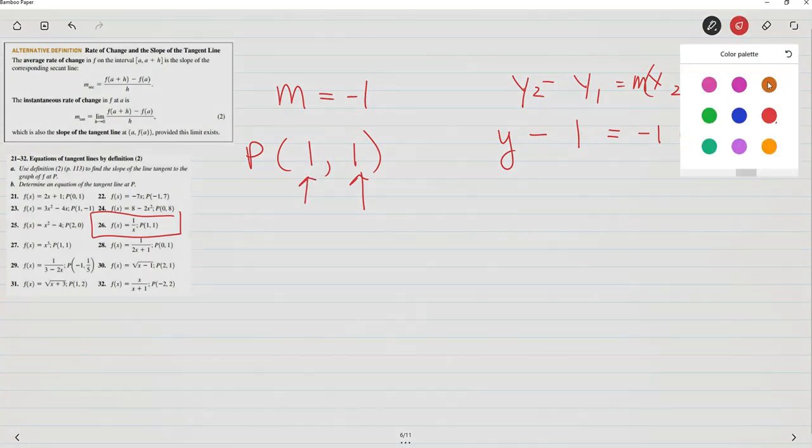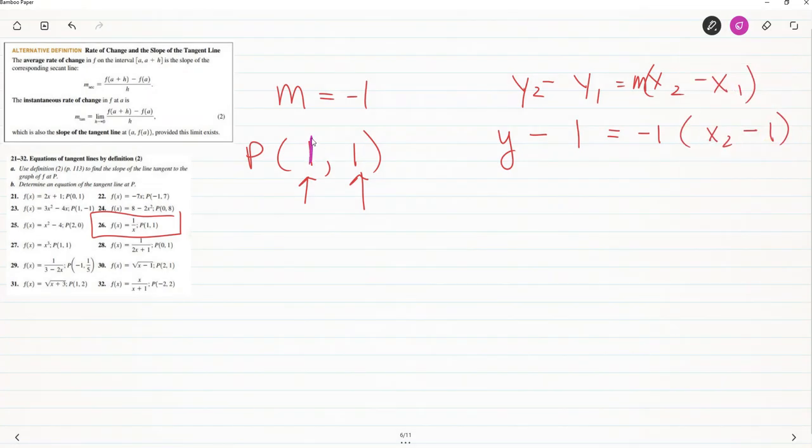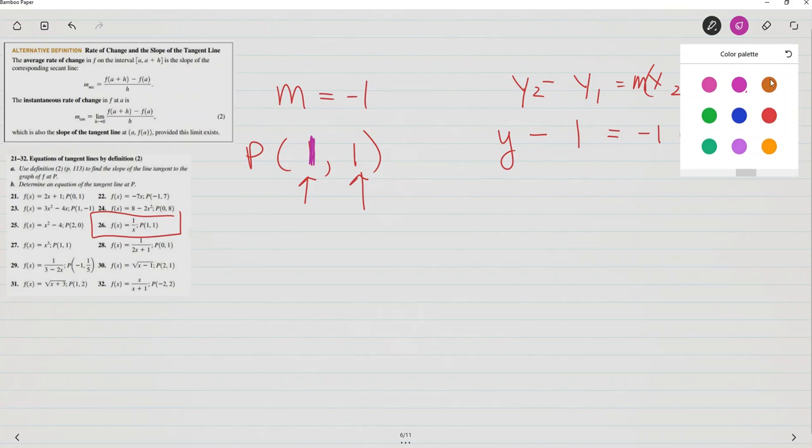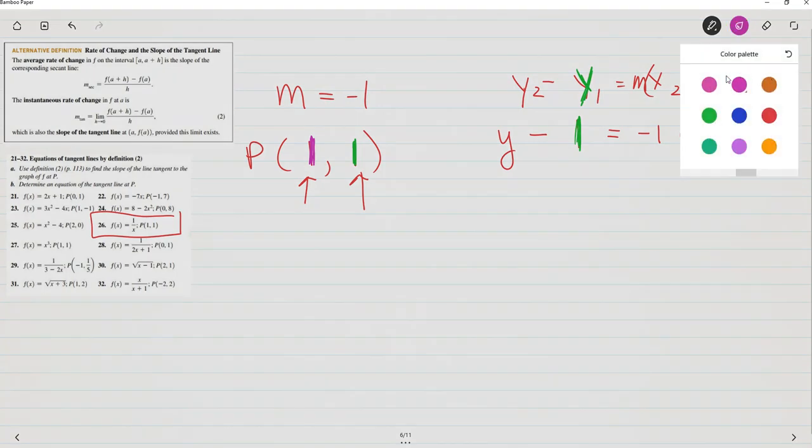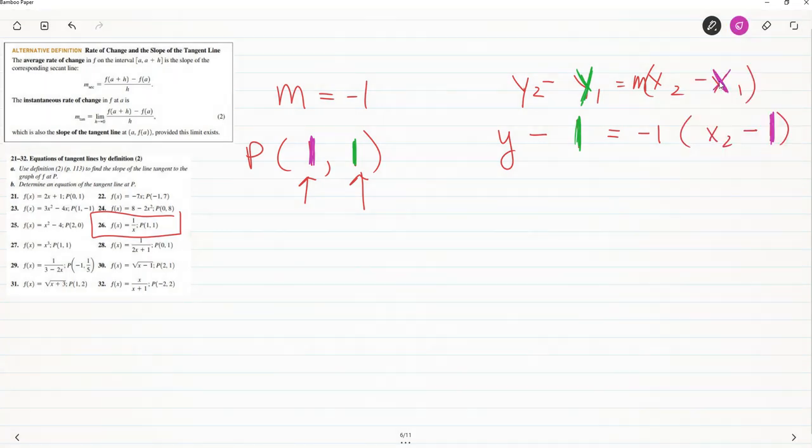Let me color code those just to make sure everyone understands where each of these numbers comes from, because having two different ones, if you use this as an example later, might get a little confusing. So if you're wanting to review this to do other examples, here's where each of those numbers is coming from.